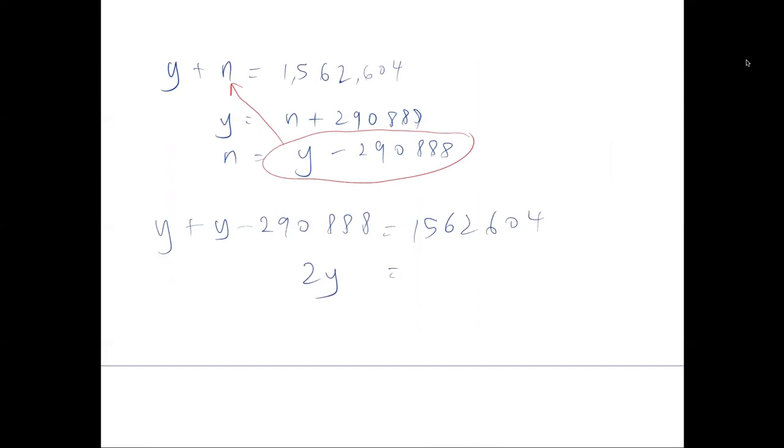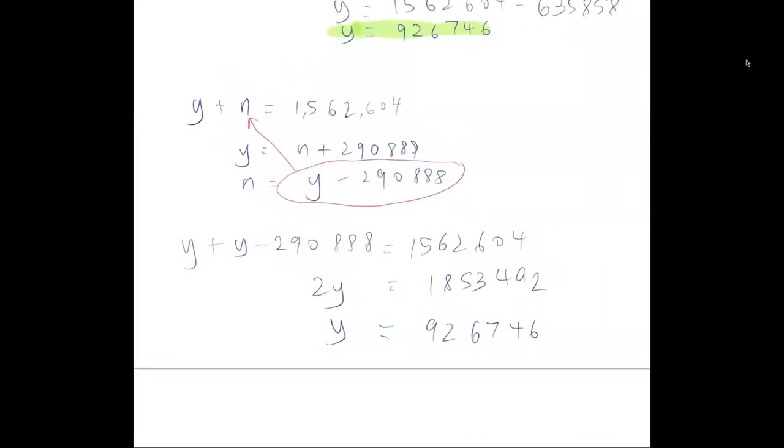So 290,888 plus 1,562,604, and we get 1,853,492, and we divide both of those by 2, and get 926,746. That gets me straight to the yes vote, which is thankfully the same as what we had before.